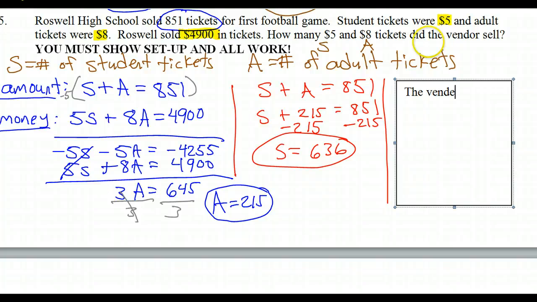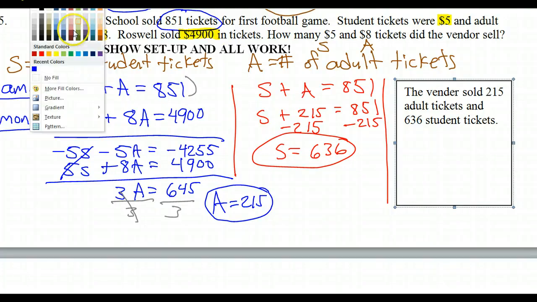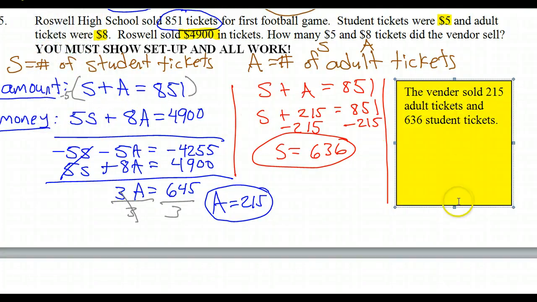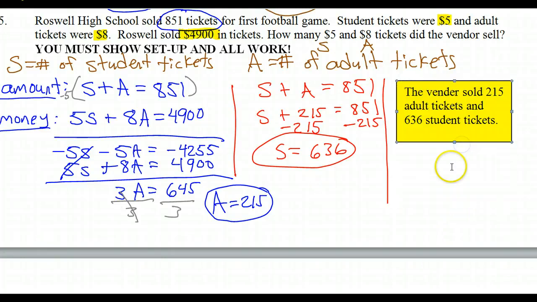So the vendor sold 215 adult tickets and 636 student tickets. And that is how you do that word problem.